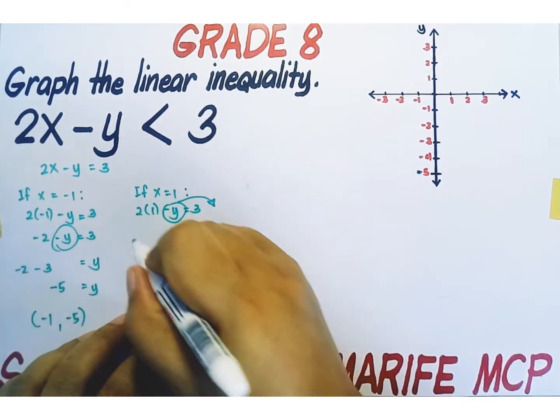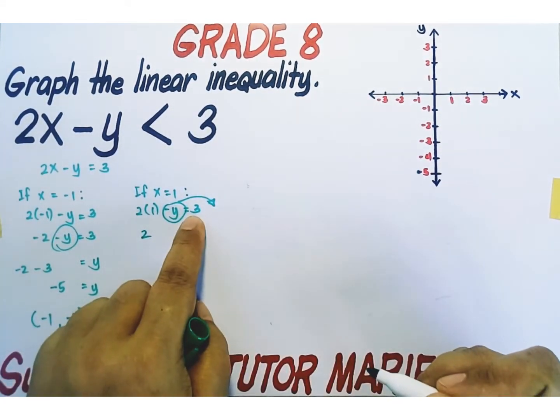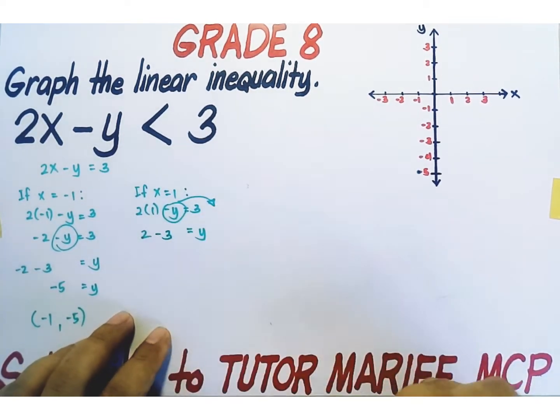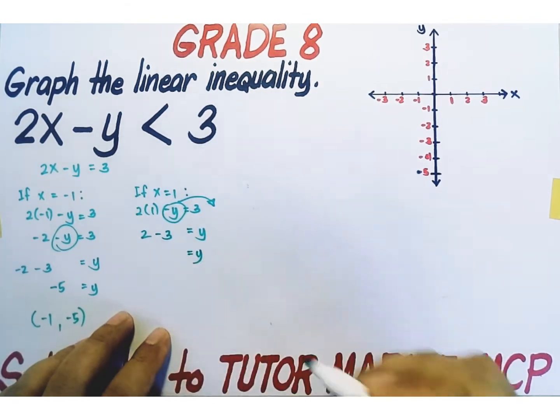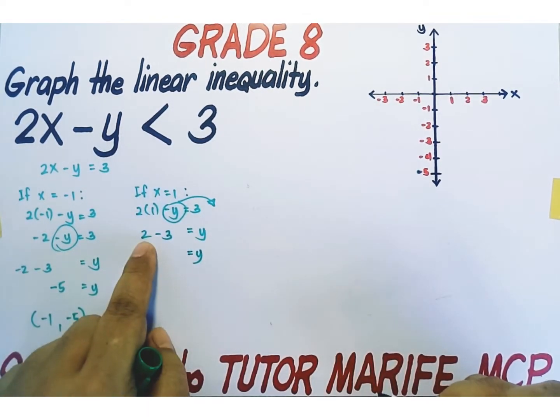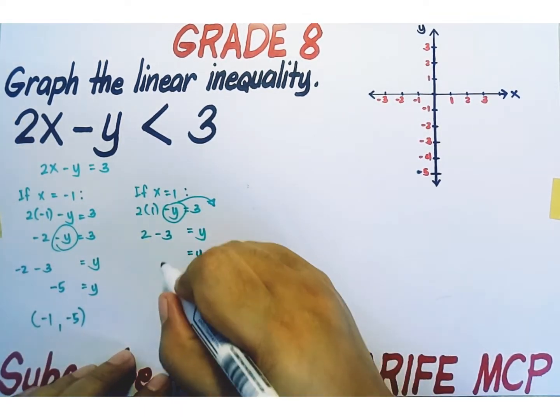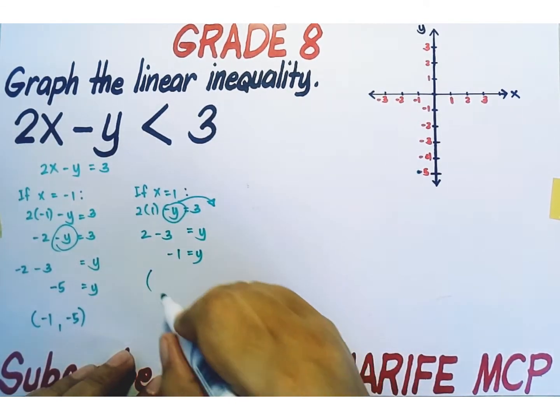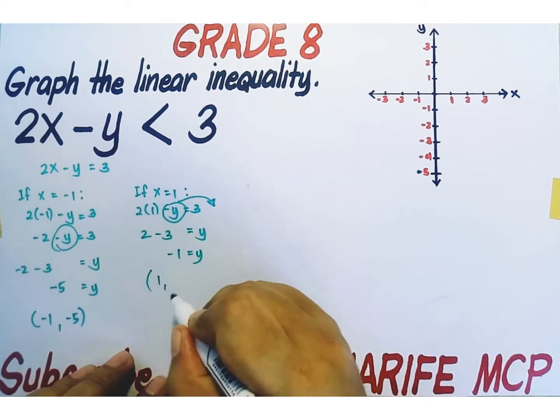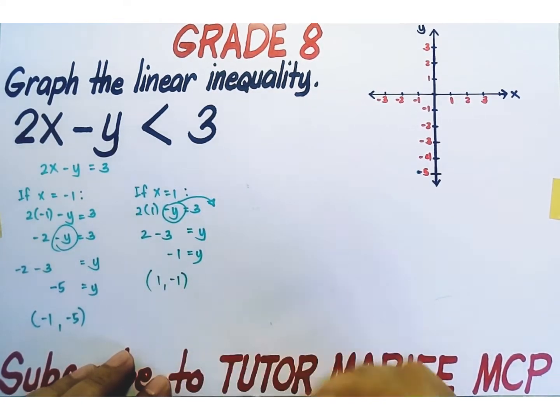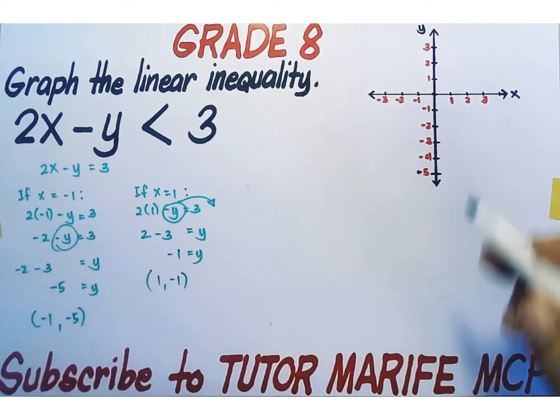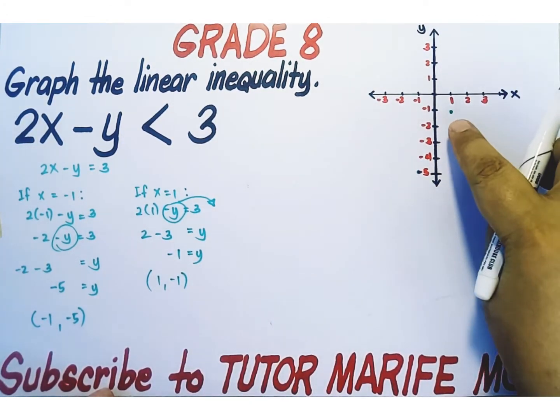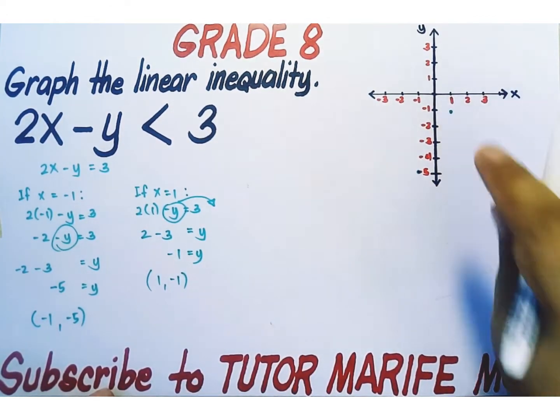So 2 times 1 is equal to 2. 3 becomes -3 on the left side when transposed. The value of Y when X is equal to 1 is 2 minus 3 or -1. My second point is at X equals 1, Y equals -1. Let's plot this point. This is the second point.